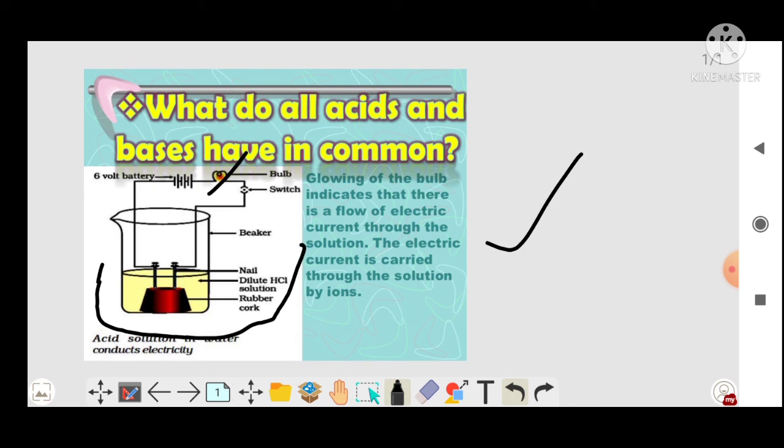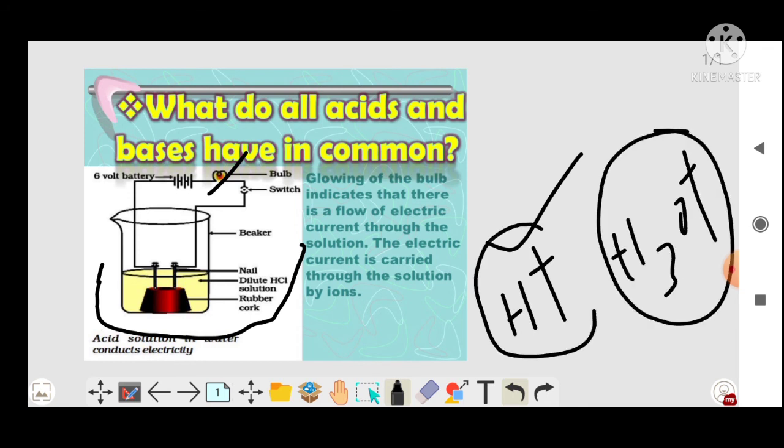In dilute HCl solution in water, there is production of H plus ion and H3O plus ion, that is the hydronium ion. This H plus ion and hydronium ion carry the electric current.